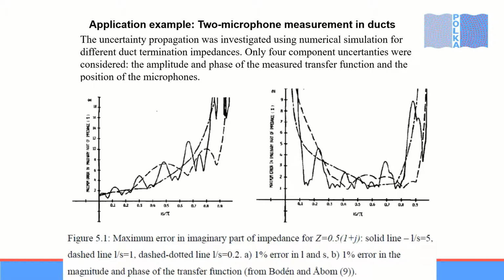And on the x-axis here you have this Ks, the Helmholtz number based on the separation between the microphones divided by pi. If you remember, the method breaks down when you have Ks equal to pi, when you have half a wavelength.